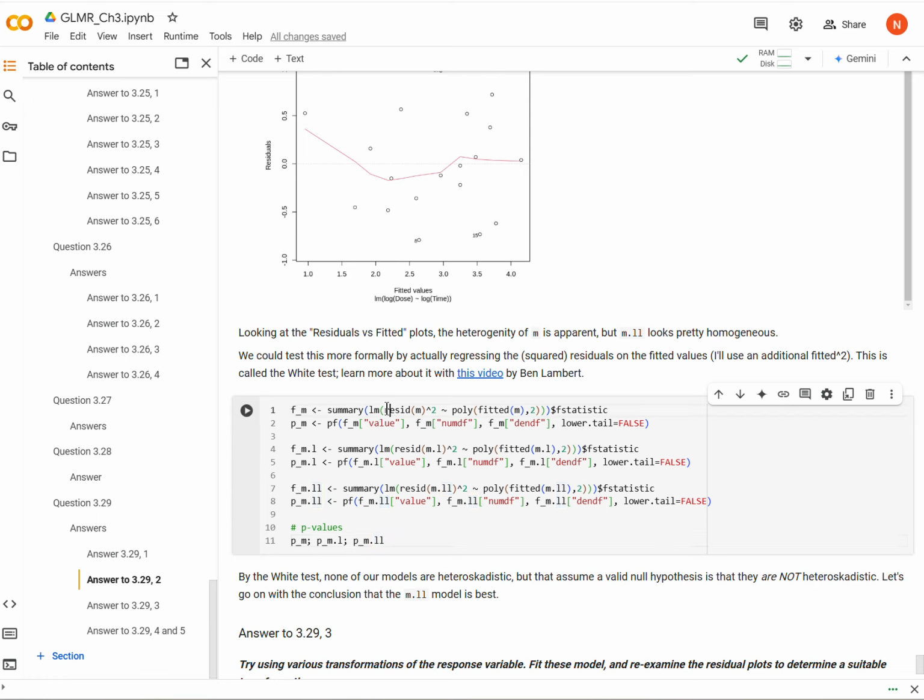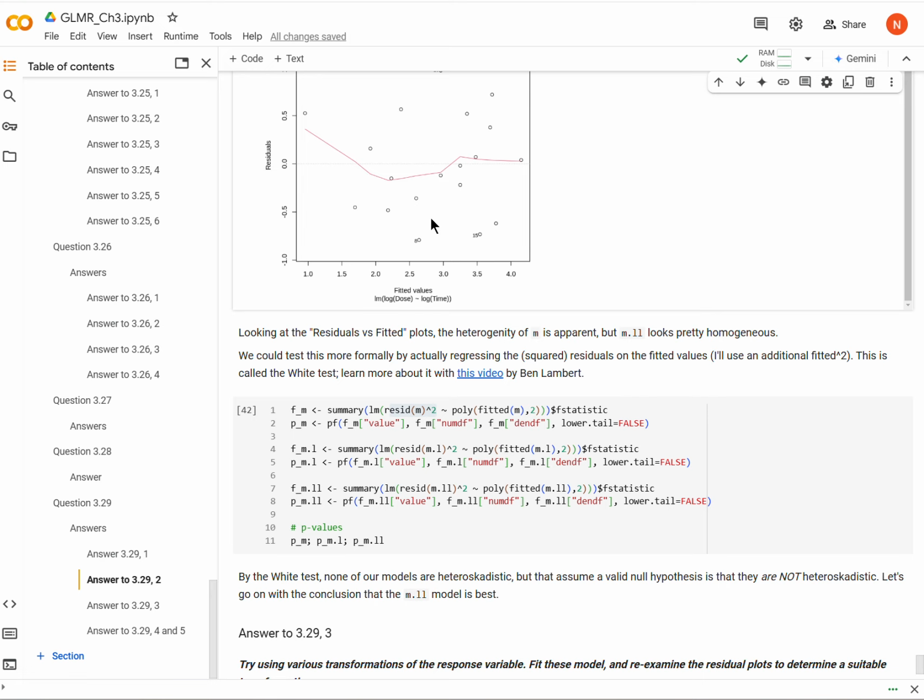Okay, so why do we do the residuals squared? Well, it's because we're trying to test the assumption about the variance. And our surrogate for variance is not the residuals, right? Because residuals can be positive and negative. The variance is always positive because it's the sum of the squared differences.